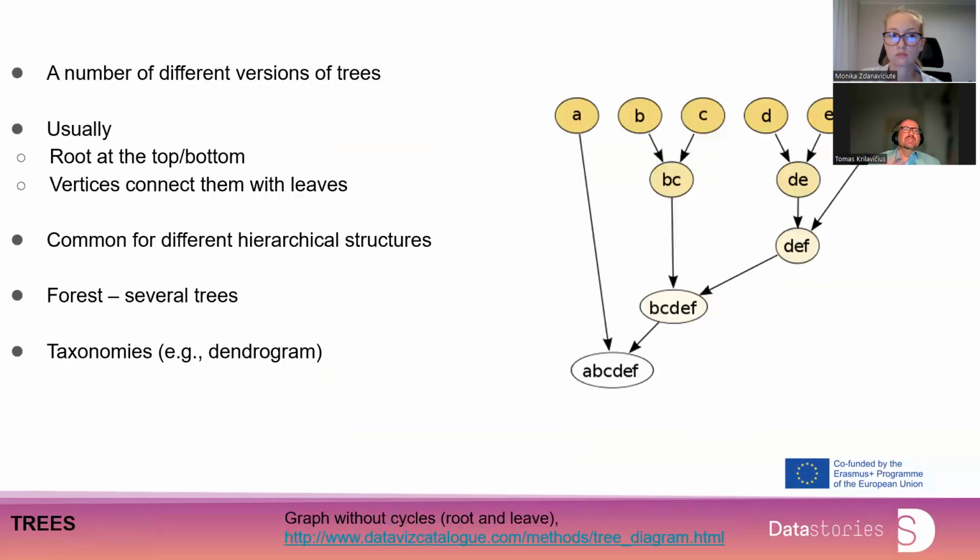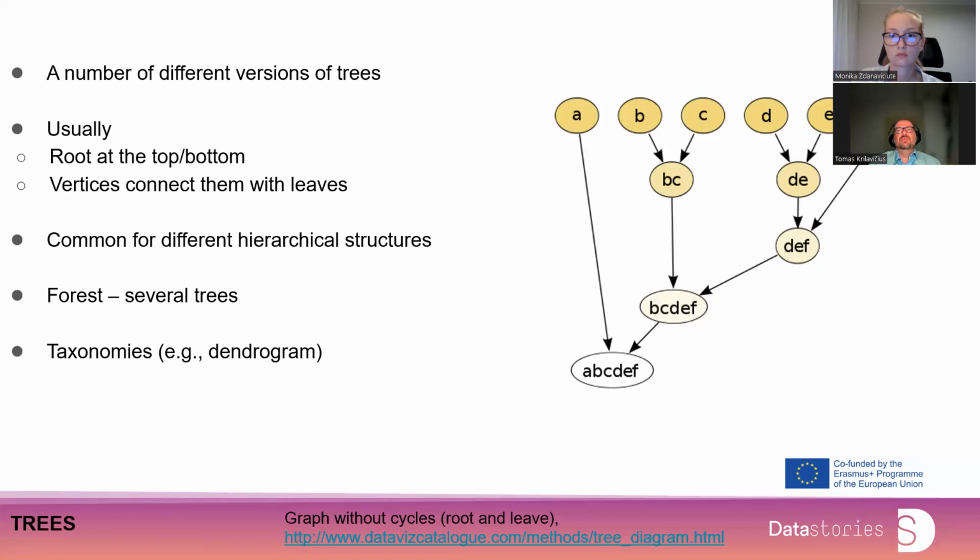And of course, you can have very specific versions of graphs. So it's the so-called tree. And in the case of trees, you do not have cycles. And they can be used to visualize very different stuff. But basically what you have is some kind of hierarchical structure. It could be from top or from the bottom.